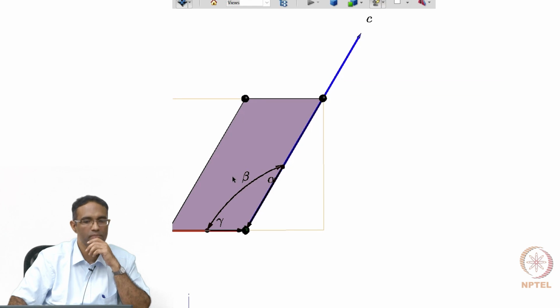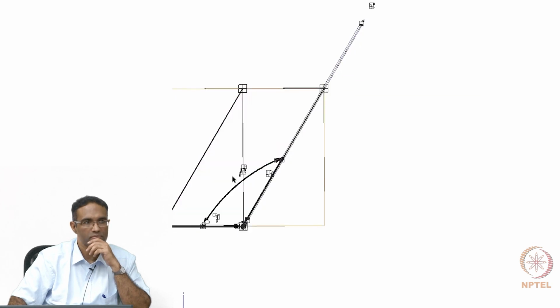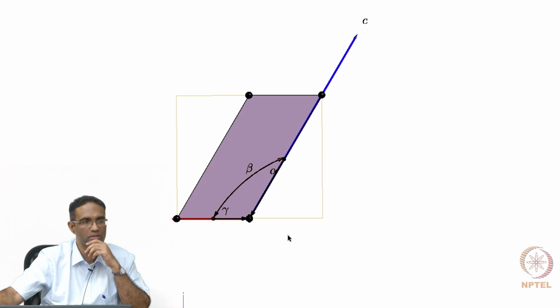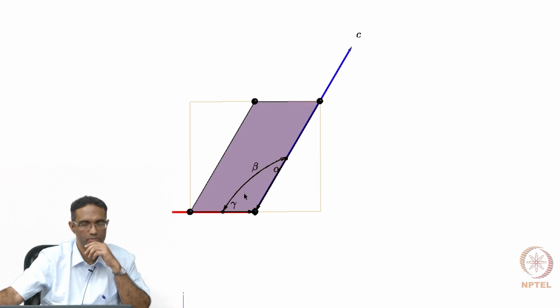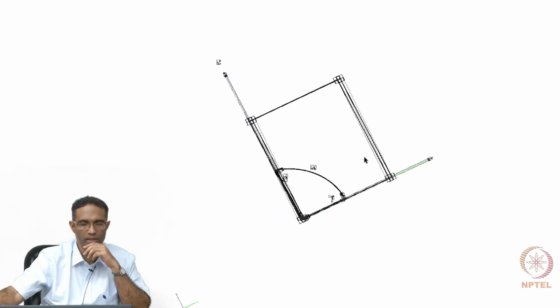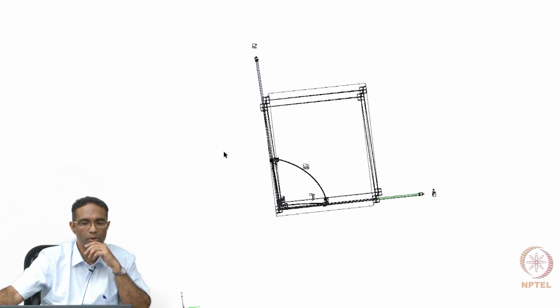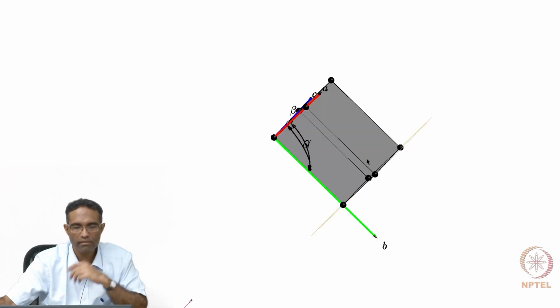Is there a mirror plane? Not here, definitely not with C or A as the normals. What about with B as a normal? Do you think you have a mirror plane?